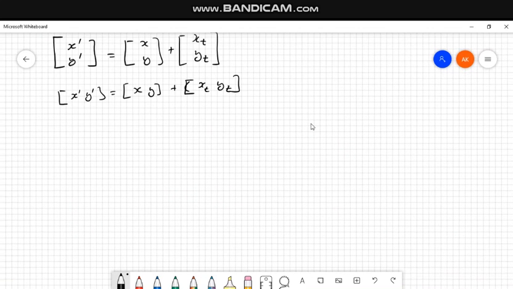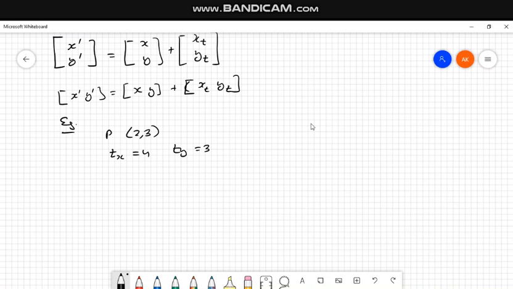Example देख लेते हैं. Suppose coordinate of P is 2, 3, and the movement that we have to give is Px equals 4 and Py equals 3.